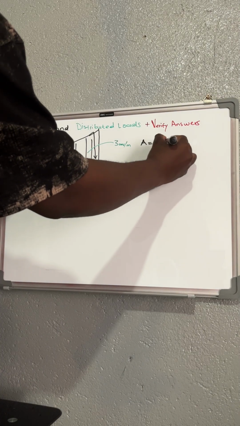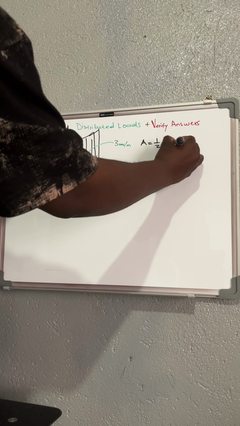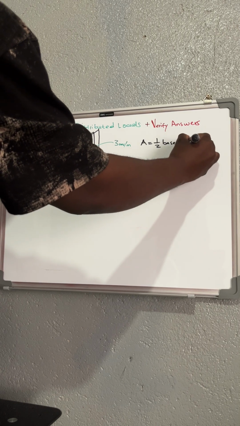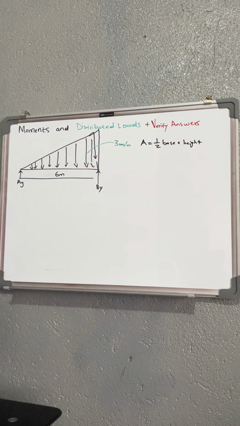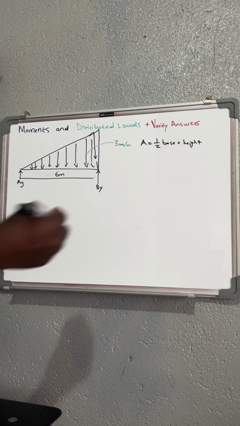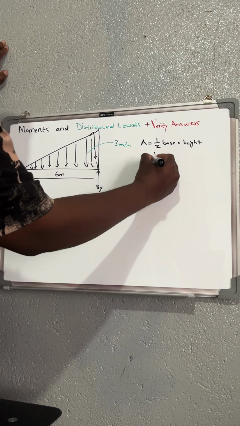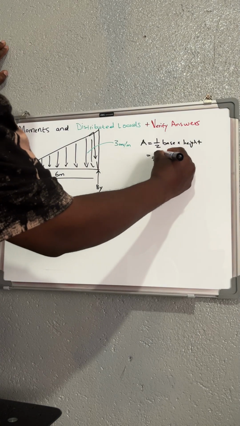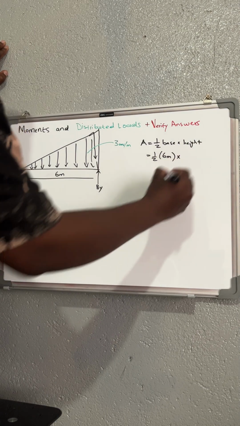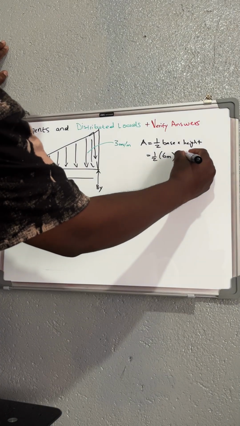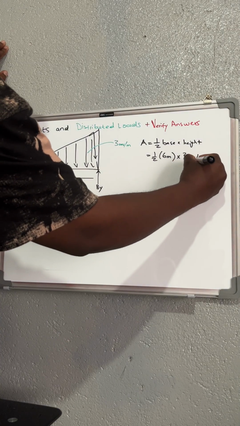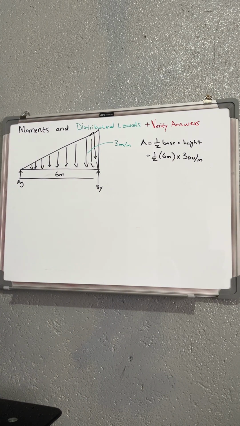We know the area is half base times height. Which one is your base? Your base is 6 meters. So you have half of your 6 meters, times your height, which is your 30 Newton per meter.